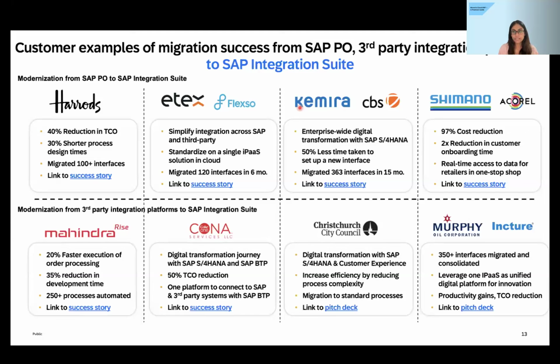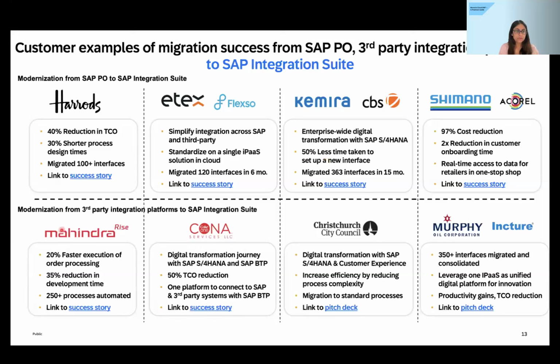And now you can see their landscape. They have 50% less time taken to set up the new interfaces, a few bits of numbers here. And also they have a lot of time saving and effort saving since they moved to Integration Suite. And they are now very happy, using Integration Suite for their enterprise-wide digital transformation.